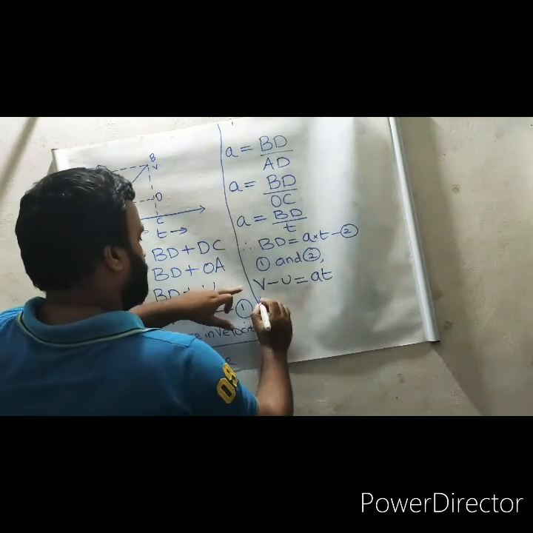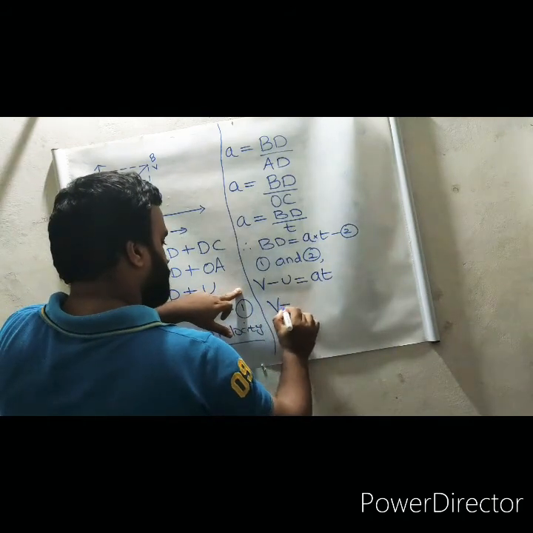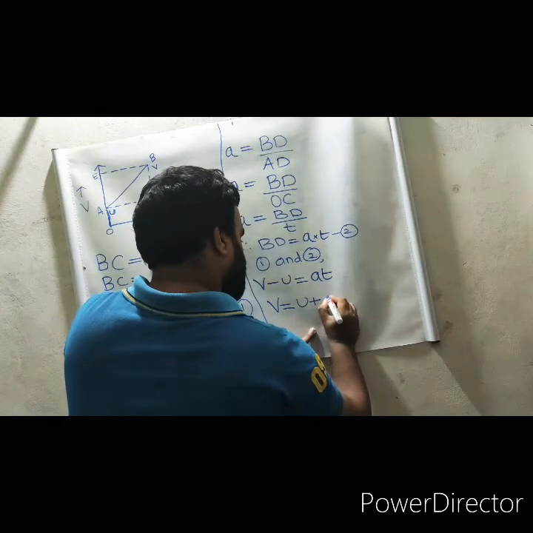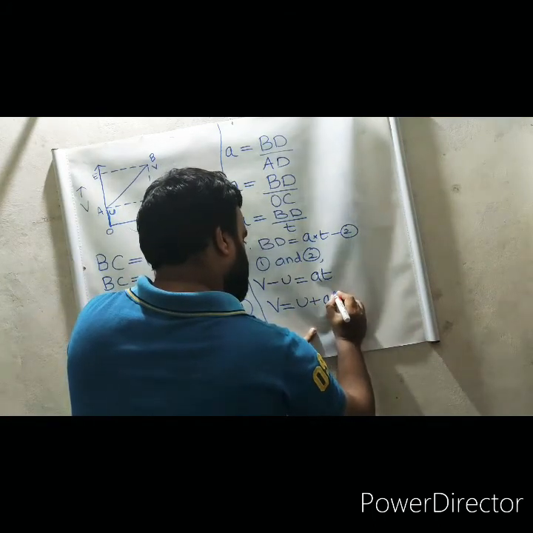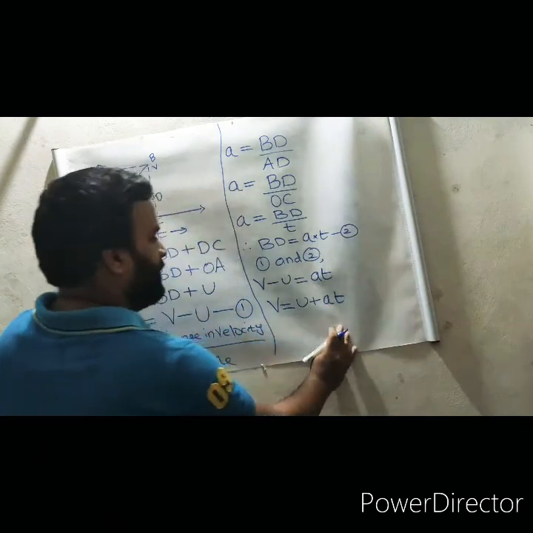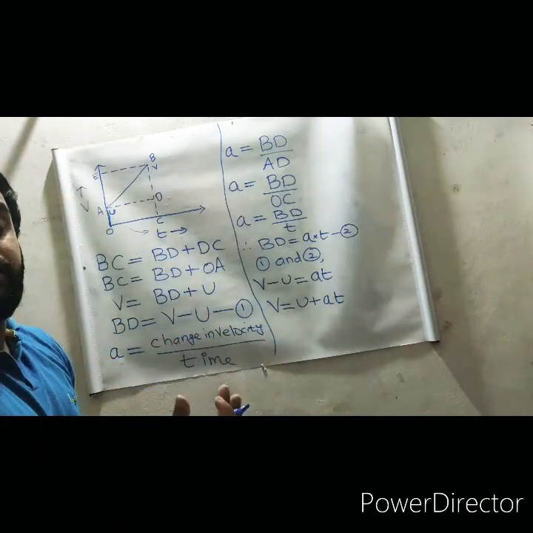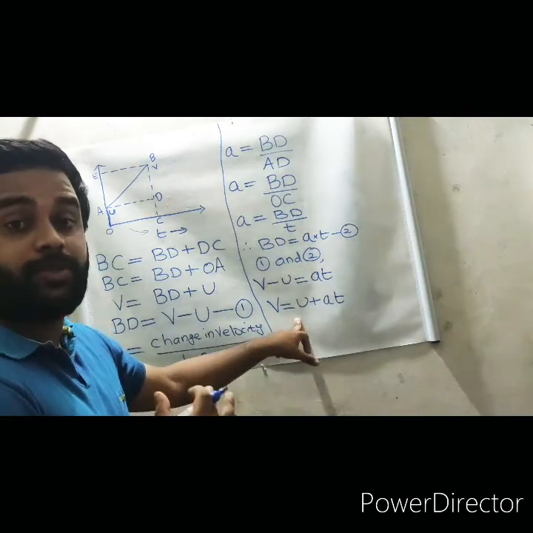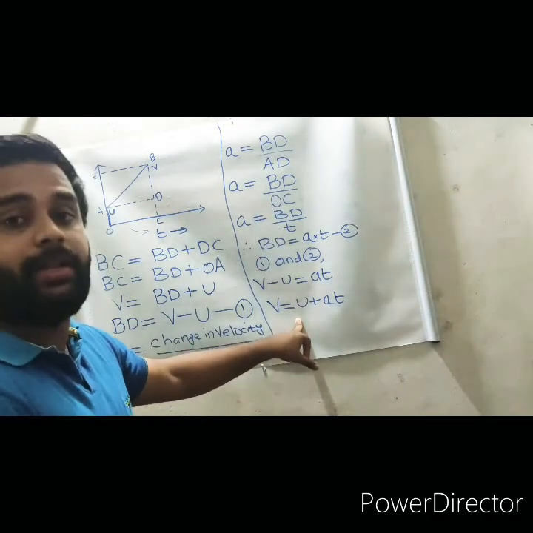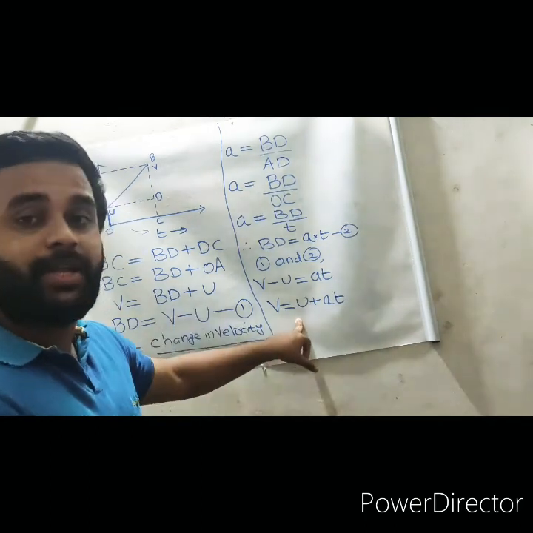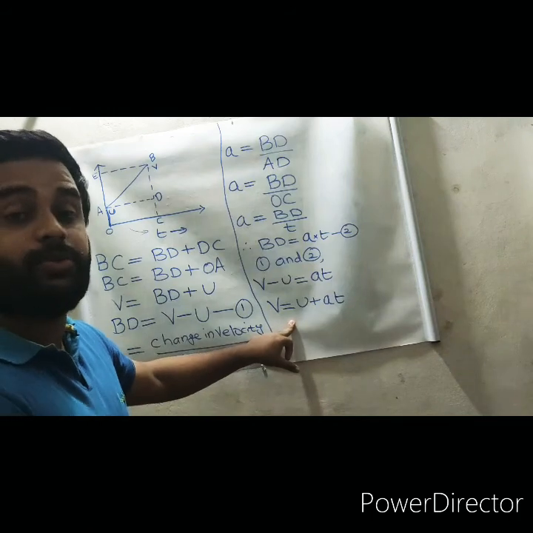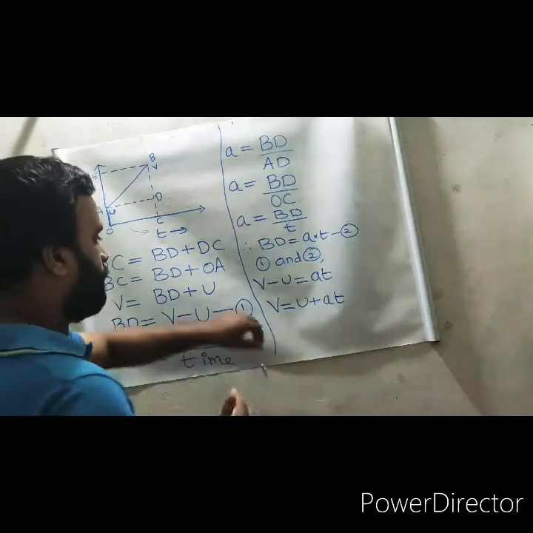From this equation, we get v is equal to u plus at, and this is our final relation. This is the equation of motion in terms of velocity and time, and this is known as the velocity time relation.